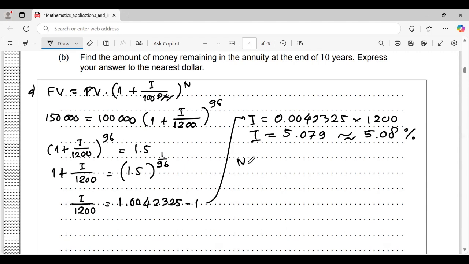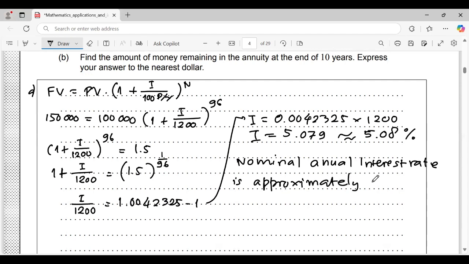So we can state that the nominal annual interest rate is approximately 5.08%. That one.